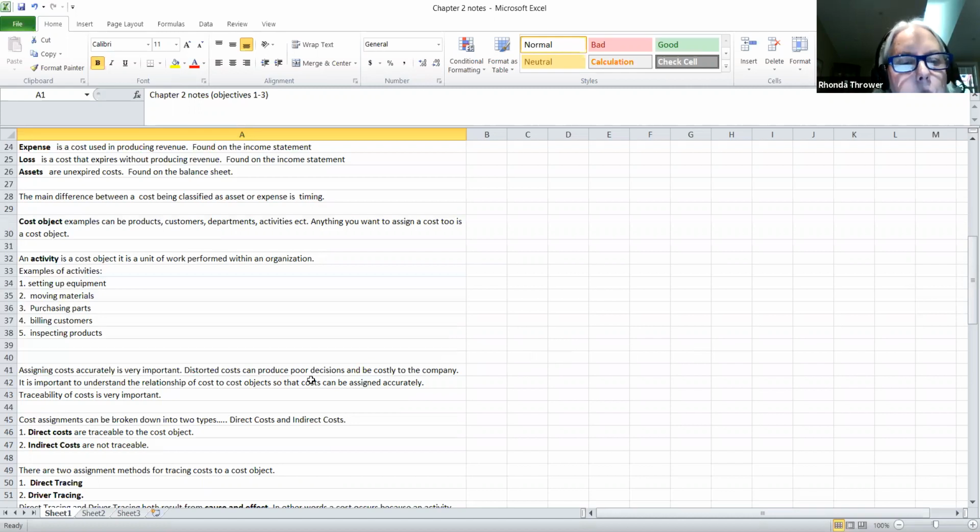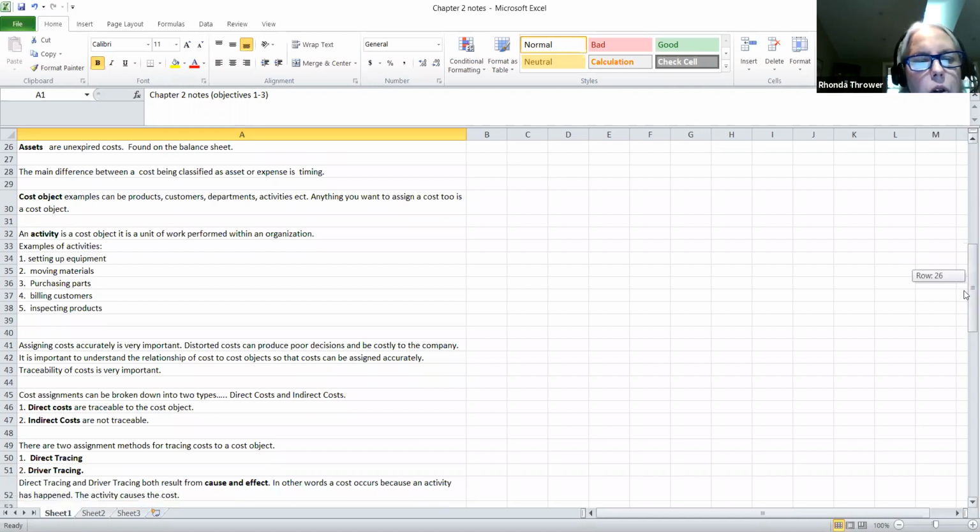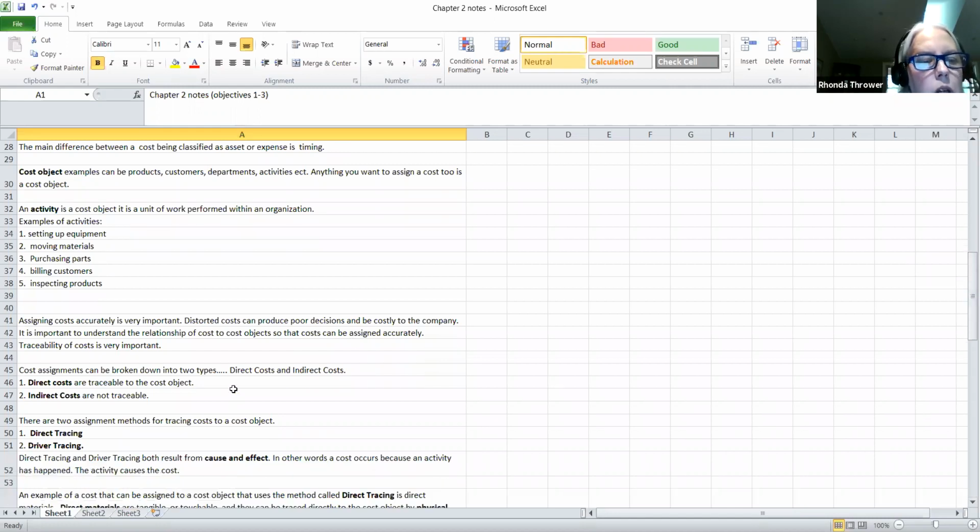So it's very important to understand the relationship of cost to cost objects so that we can get the cost assigned accurately. And a part of this is what we call traceability of cost. Basically, we can take our costs and break them down into 2 different types.